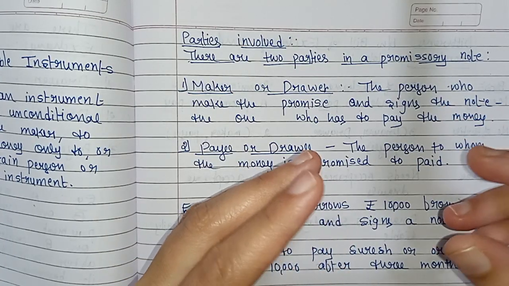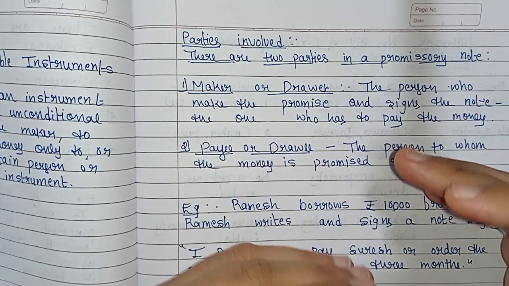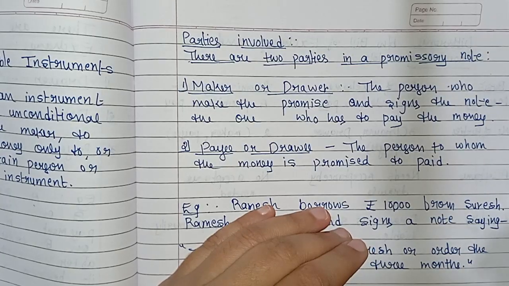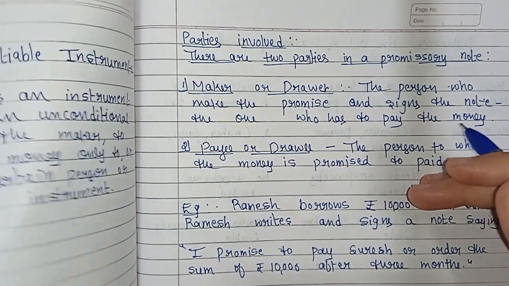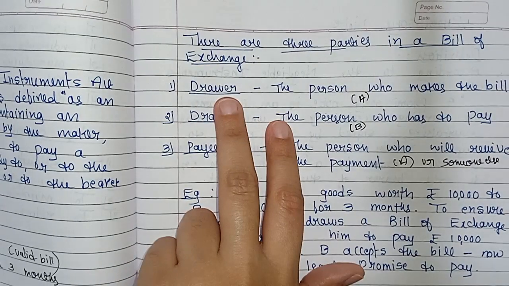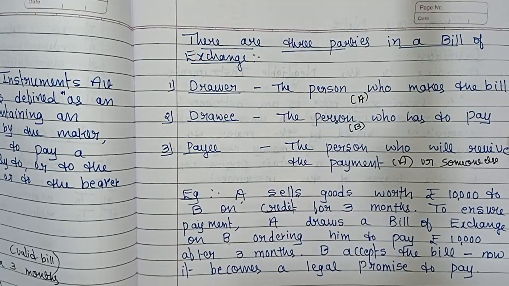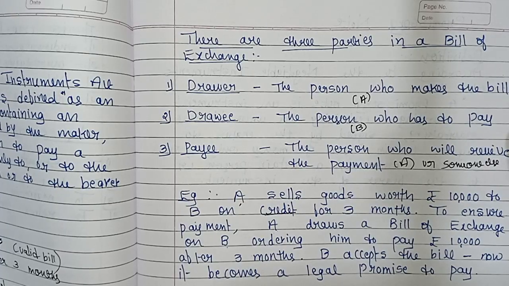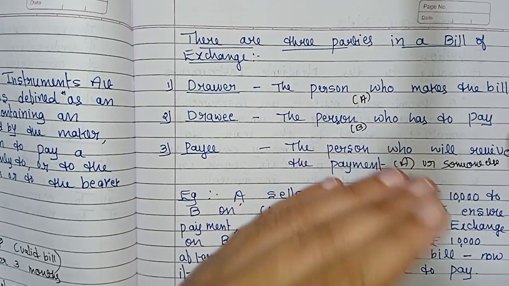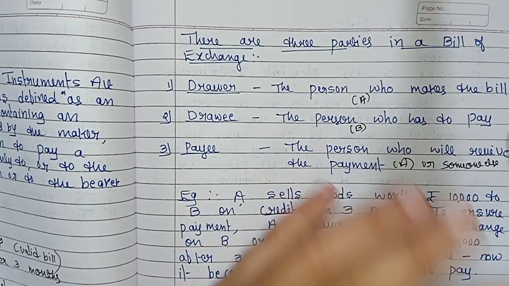Here, see the difference. In promissory note, maker means the one who has to pay the money. But in bill of exchange, drawer means the person who makes the bill, and for the drawer, the drawee needs to pay the amount.